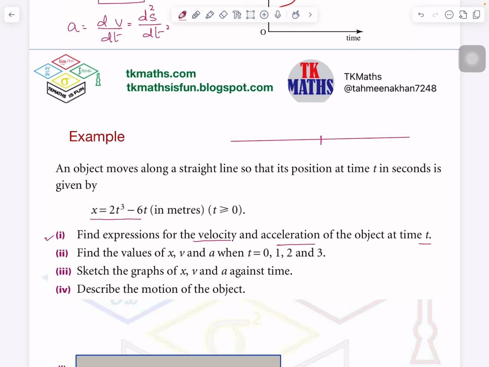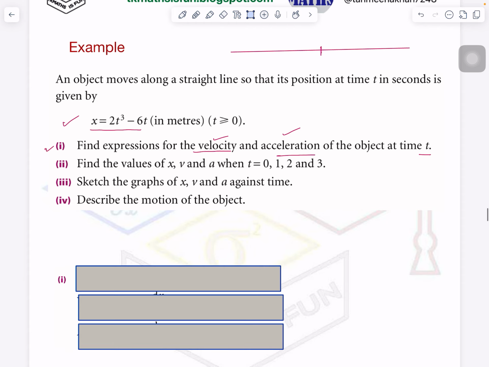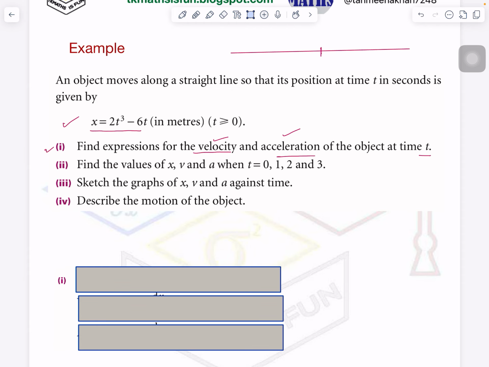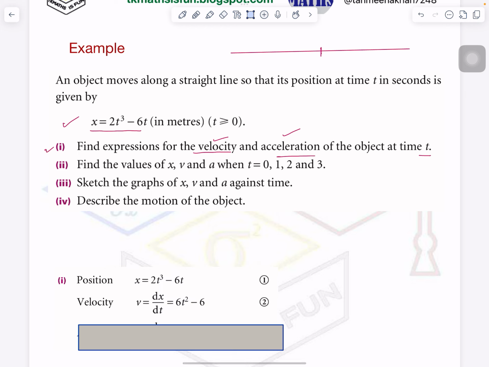So what does this mean? Very simple. You just have to differentiate this equation 2 times. One time to get the velocity equation and the other time to get the acceleration equation. Now here I have already solved it and changed it into numerical form. So you can put the video on pause and differentiate yourself to see if your prerequisite knowledge is very clear, because differentiation you should know at this stage, right?